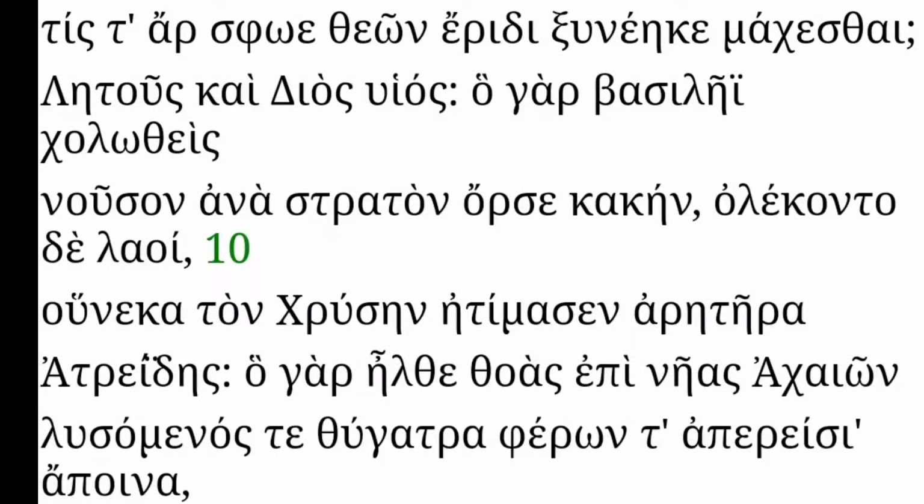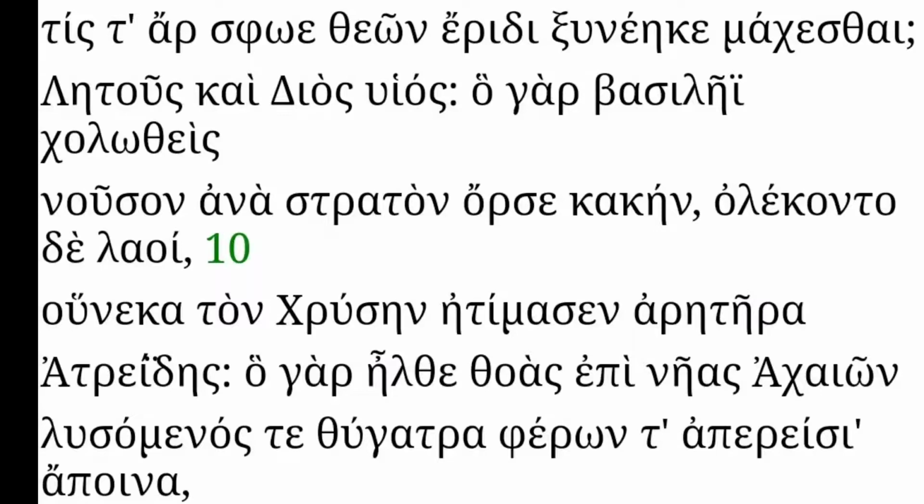So, who sent them together? You have the two to fight: xynēke machesthai, erīdi, in Eris. Okay, so just as we pointed out an echoing of Dios on line 5, on line 7 with Dios, here we have an echoing of Eris, which occurred, you guessed it, 2 lines above.